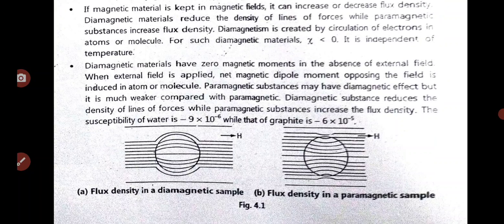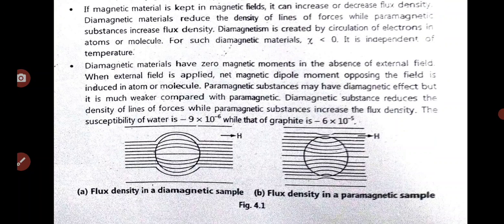So the main point is that if we place a magnetic material in a magnetic field, it can increase or decrease the flux density. A diamagnetic material reduces the density of lines of force, and a paramagnetic material increases the flux density.